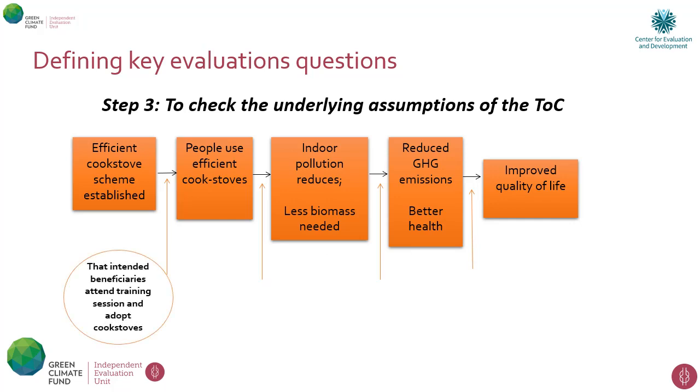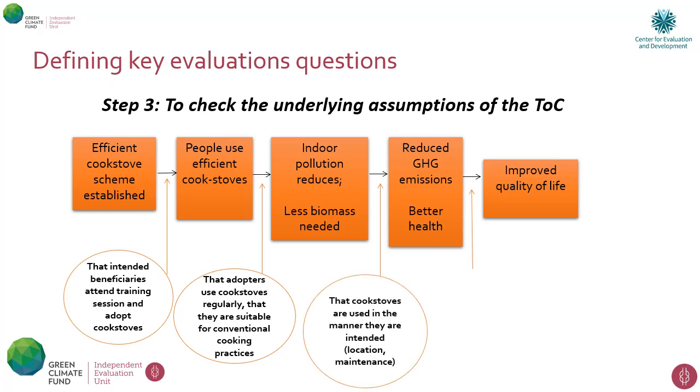For example, the link between the activities and the outputs. We need to assess whether intended beneficiaries attend the training sessions, and adopt the cook stoves. In terms of the link between the outputs and the initial outcomes, we need to assess whether adopters use cook stoves regularly, that they're suitable for conventional cooking practices.